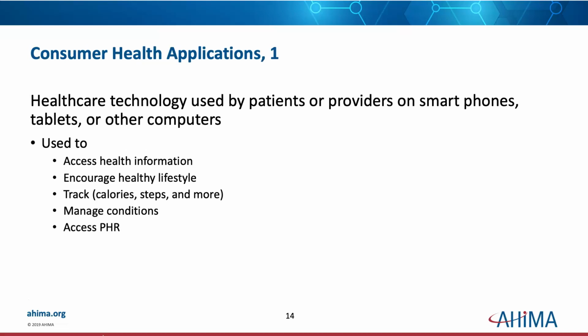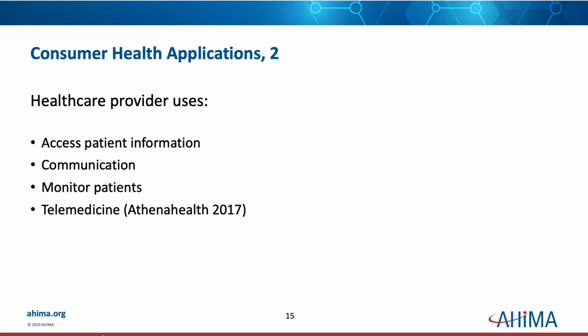Consumer health applications. There are all sorts of healthcare technologies out there for smartphones, apps, tablets, computers, smartwatches, all sorts of things. These can access health information, encourage a healthy lifestyle, track all sorts of different things, manage conditions, and access a personal health record.